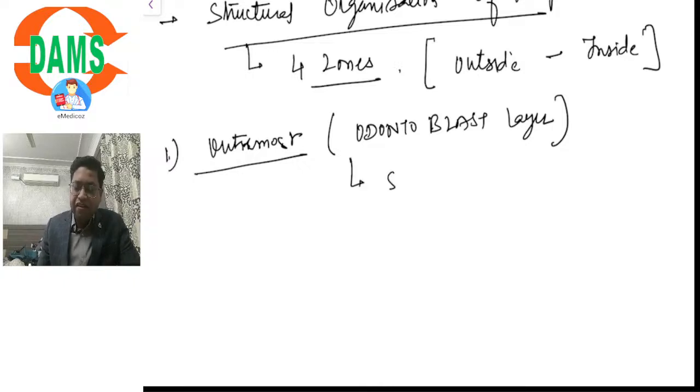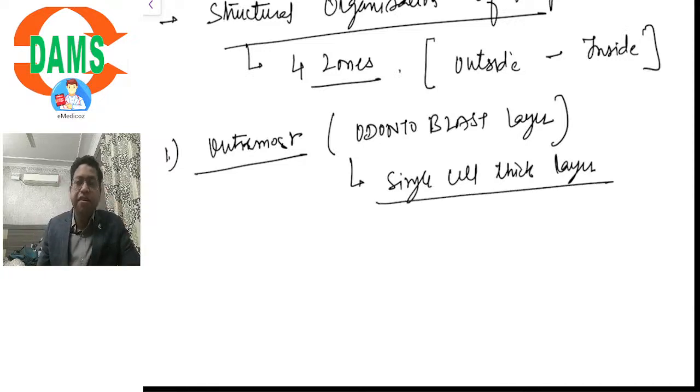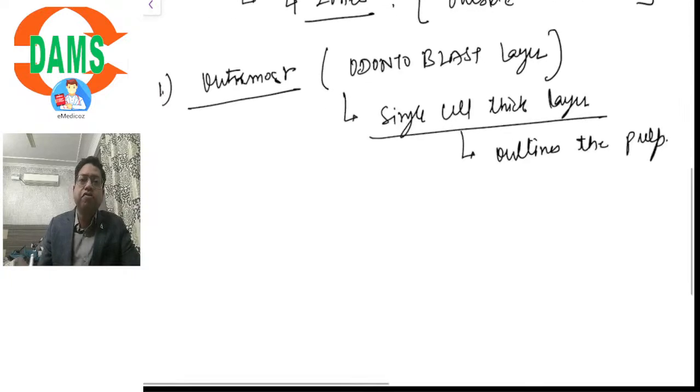There is a single cell thick layer from the crown to the root portion of the dental pulp, a single cell thick layer that outlines the pulp. It is outlining the pulp, meaning it is the outermost zone of the dental pulp, a single cell layer thick from the crown to the root portion of the pulp.